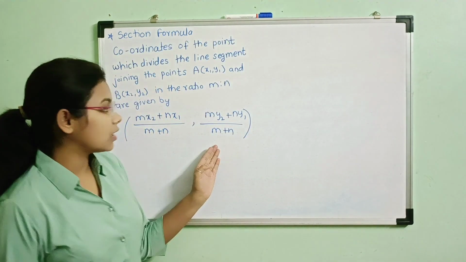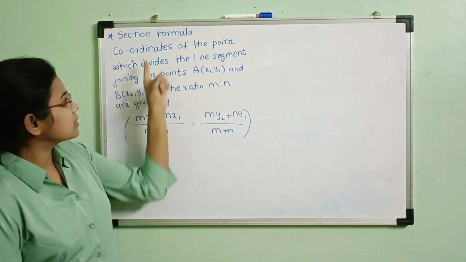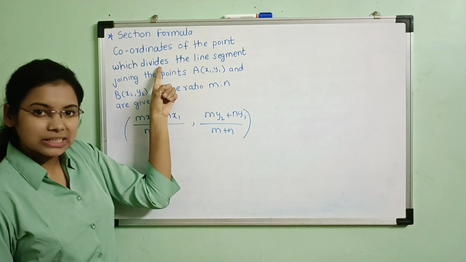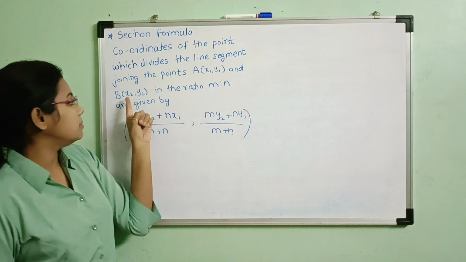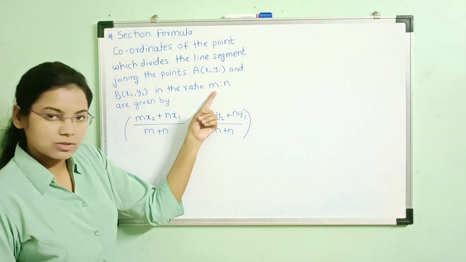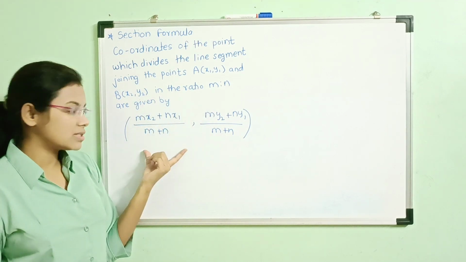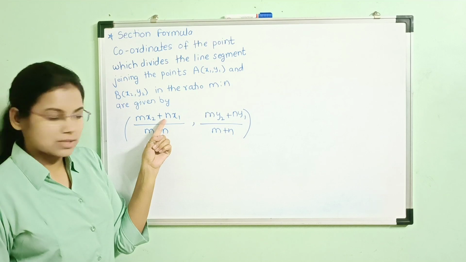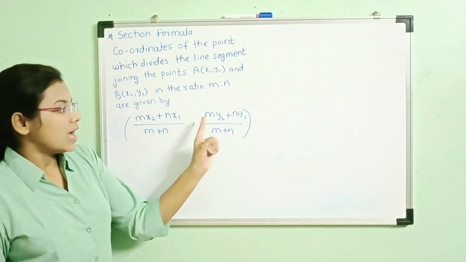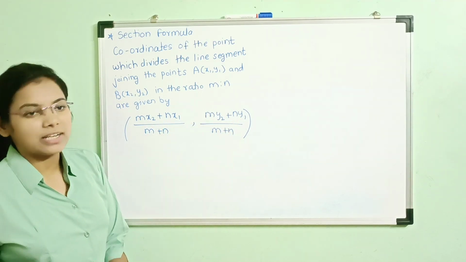Now what we can conclude from this section formula is: the coordinates of the point which divides the line segment joining the points A(x1, y1) and B(x2, y2) in the ratio m is to n are given by, first coordinate is the x coordinate, that is given by (mx2 plus nx1) divided by (m plus n), and (my2 plus ny1) divided by (m plus n).